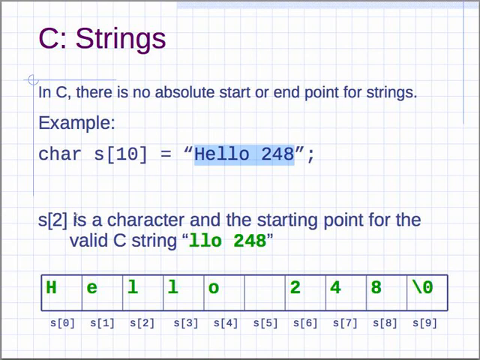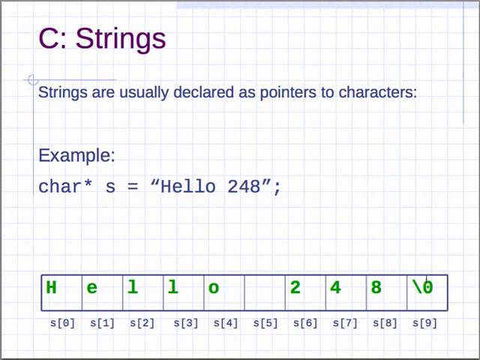For example, S sub 2 is a character and is the starting point for a valid C string, and in this case it would be LLO space 248. So if you start from position 2 of this string S, S starts way back here at H, but S sub 2 is L, and this can be treated as a starting point for a different string. So at any point in this string, including the 9th location, which tells you that there's a null termination, that's an empty string. If the very first character of a string is a null termination character, what you have is an empty string.